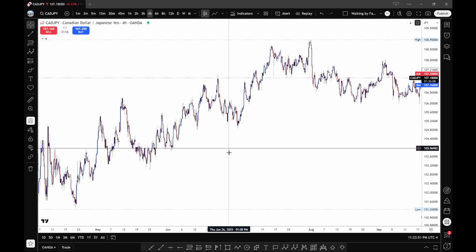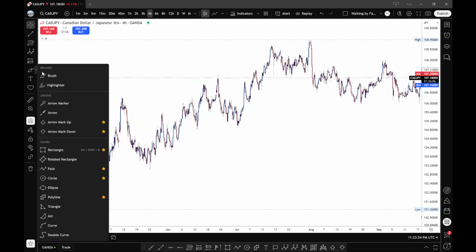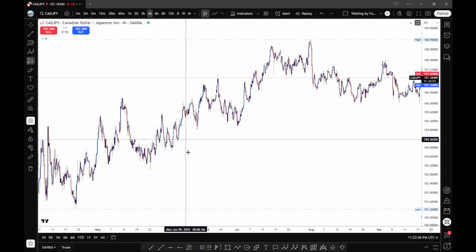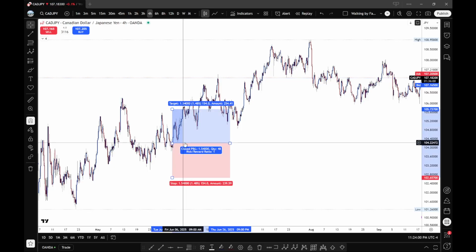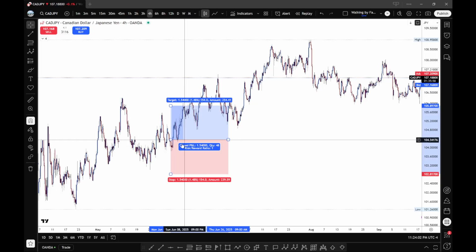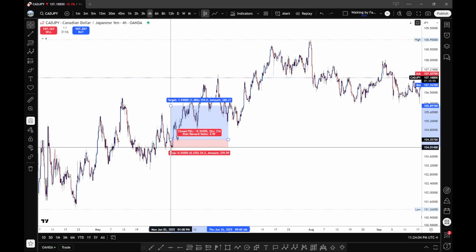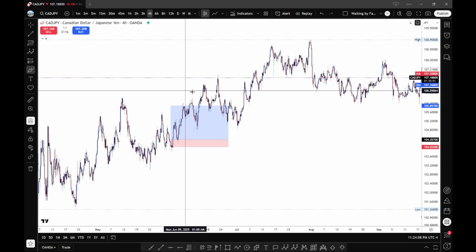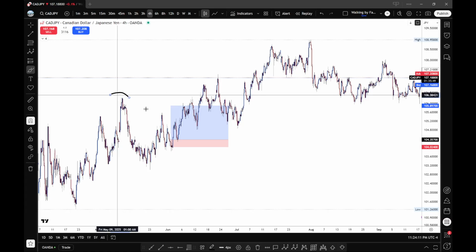So let's say, for example, this right here would have been our entry, 50% of that candle right there, stop loss below the low, and we're targeting the highs, right? The previous high.